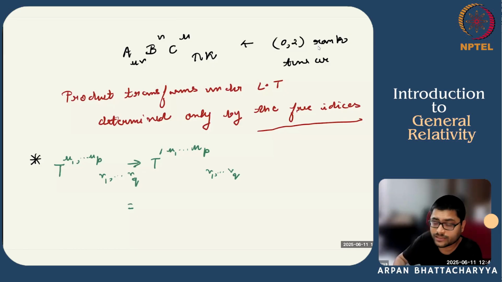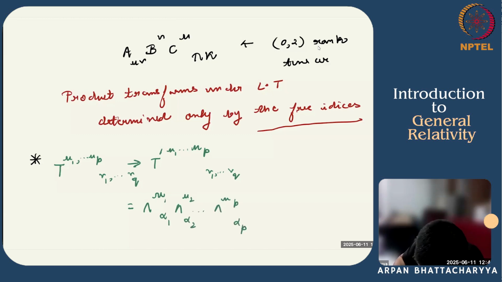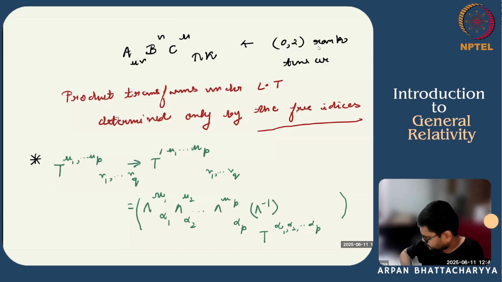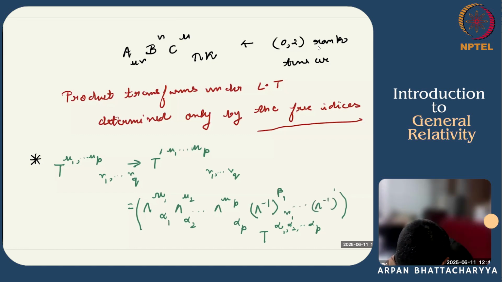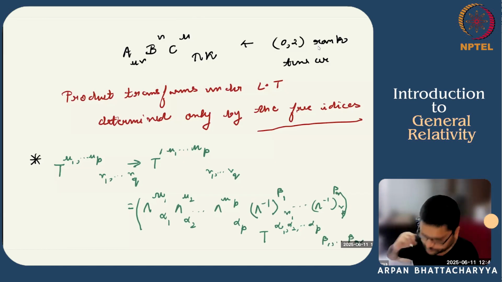All the upper indices transform under Lorentz transformation elements of this form, mu 1 alpha 1 up to mu p alpha p, with the alpha indices contracted, and all the lower indices transform with the inverse Lorentz transformation of the form beta.